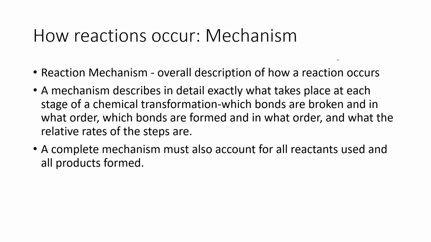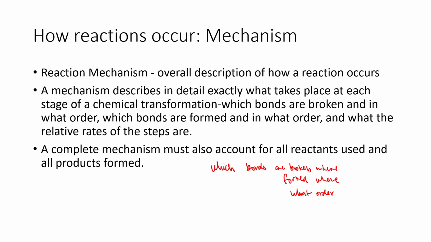Okay, so what do we need to take into account when we are talking about the mechanism? We need to state which bonds are broken, which bonds are formed, broken where, formed where, and in what order.